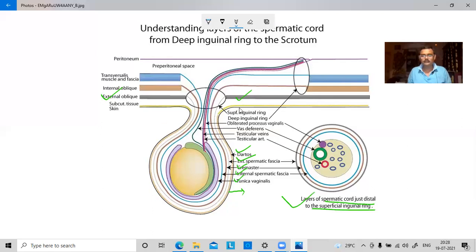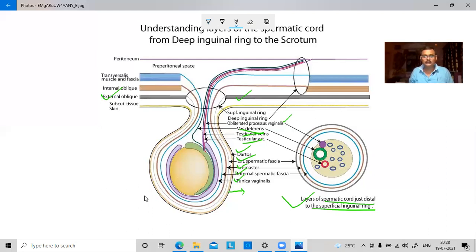The external spermatic fascia, cremasteric muscle fascia, and internal spermatic fascia are present around this, and then the different parts, that is the vas deferens, testicular veins, testicular artery. These are the components of the spermatic cord, and also the pampiniform plexus of veins, and the obliterated processus vaginalis present within the spermatic cord.